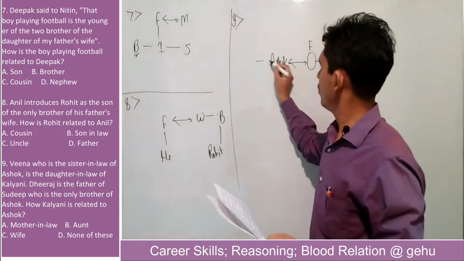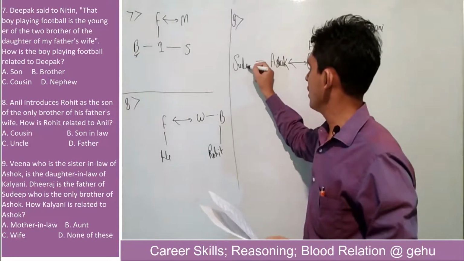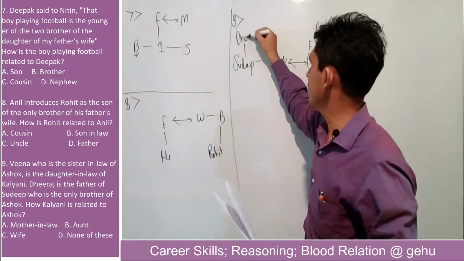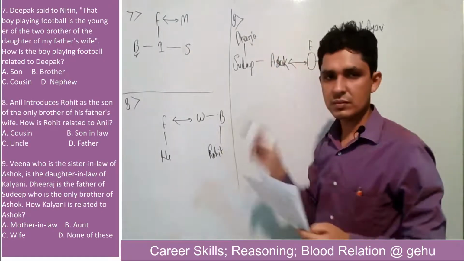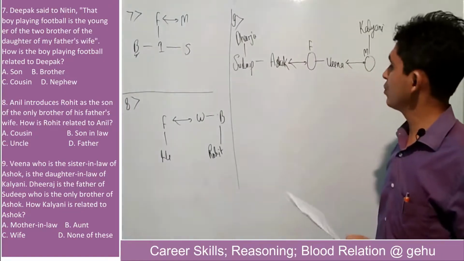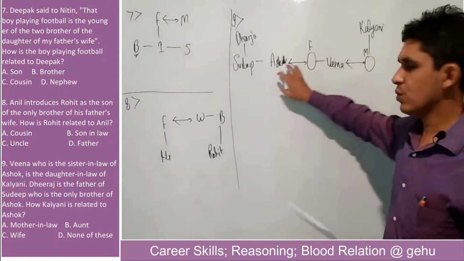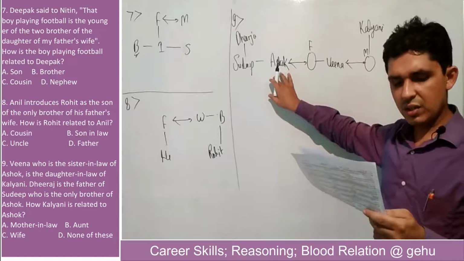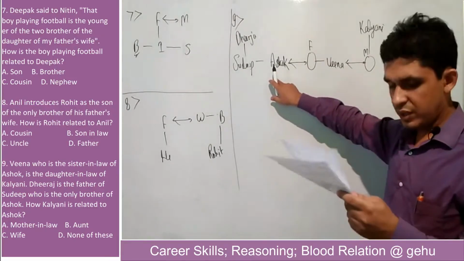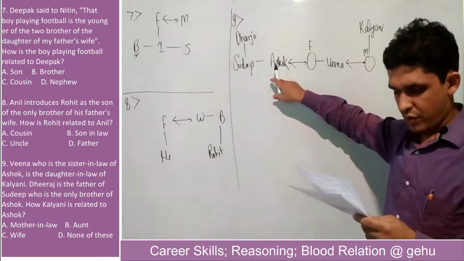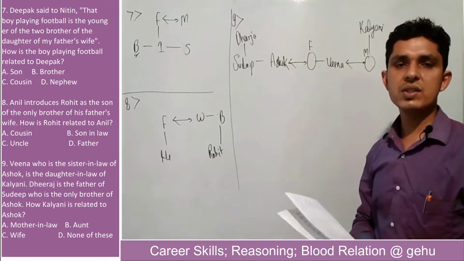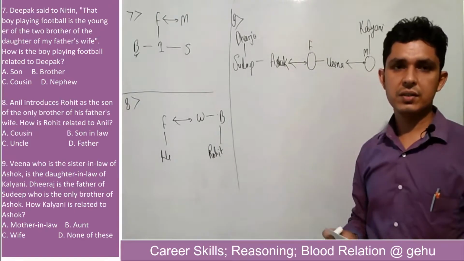So Sudeep I can draw here, and Dheeraj is the father of Sudeep, so Dheeraj can be drawn here, right? Okay, so how is Kalyani related to Ashok? Kalyani is here and Ashok is here, right? If we look at the available options, this cannot be mother-in-law, this cannot be aunt, this cannot be wife. The answer to this question will be none of these, right?